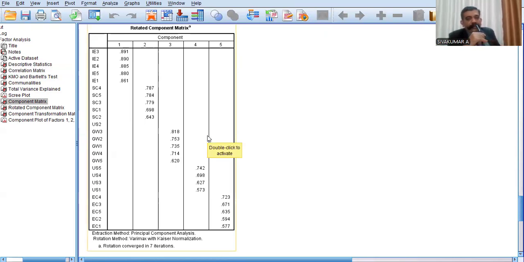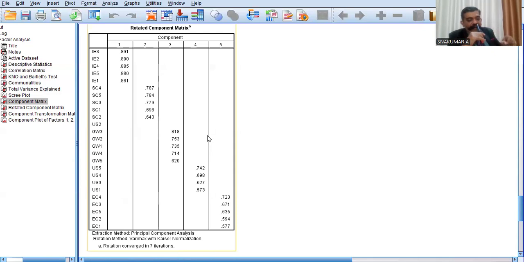In the rotated component matrix, you can see the variables attached with each factor. That is very, very important. IE3, IE2, IE4, IE5, IE1 are attached with the first factor. Then please give a name to the first factor.